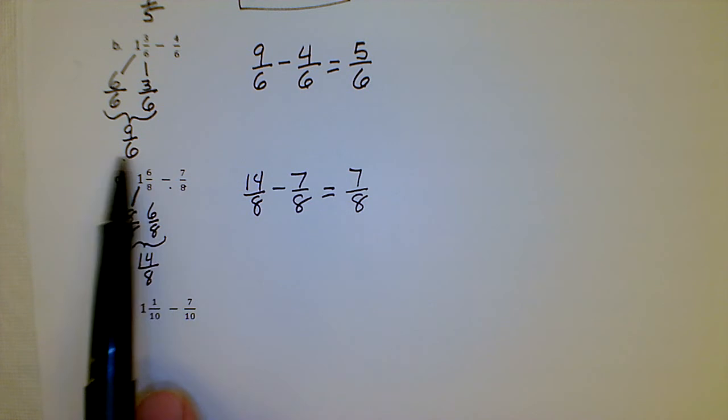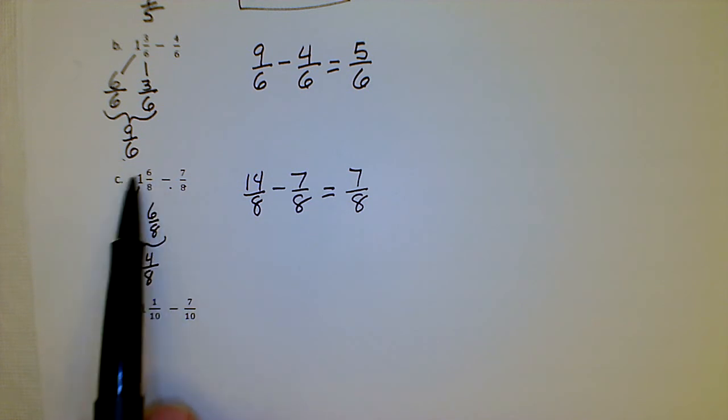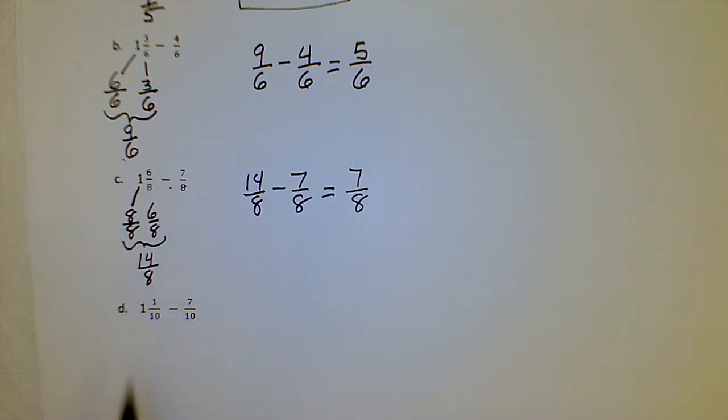So you have to decompose your 1, then you have to recombine all of this from your mixed number into a single fraction, which is 14/8 in this case, and then you just have to do the sentence that they have up there for you. So I think this is not too bad. You're welcome to still model it with a diagram, a tape diagram, or a number line. It's up to you.